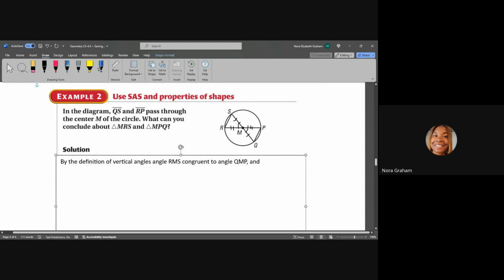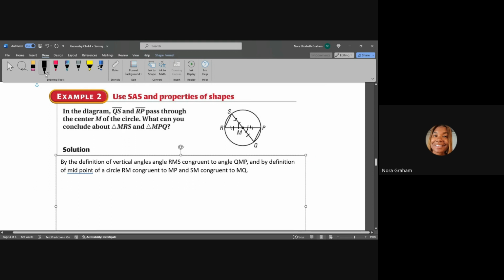And by the definition of midpoint of a circle, I can say RM is congruent to MP and SM is congruent to MQ. Okay.